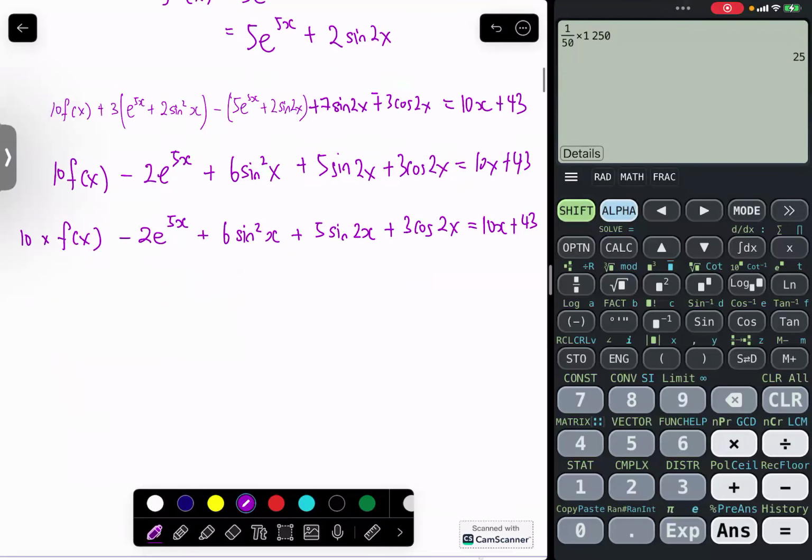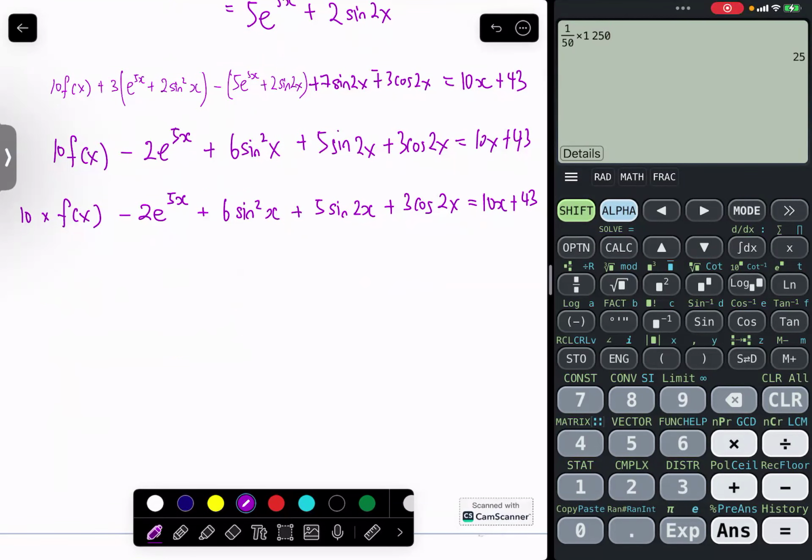Okay, so we can move some things over. So we'll have 10f(x) equals 2e^5x minus 6 sine square x minus 5 sine 2x minus 3 cos 2x plus 10x plus 43.